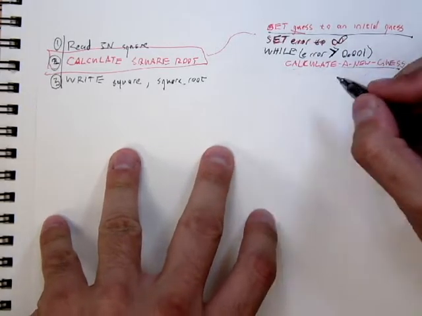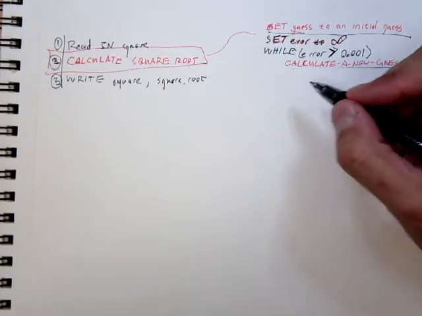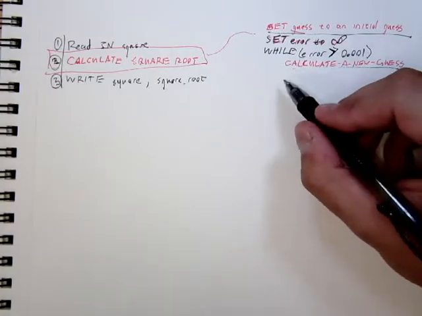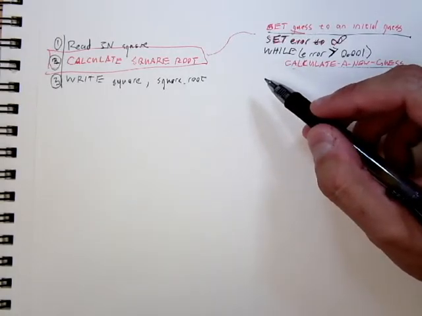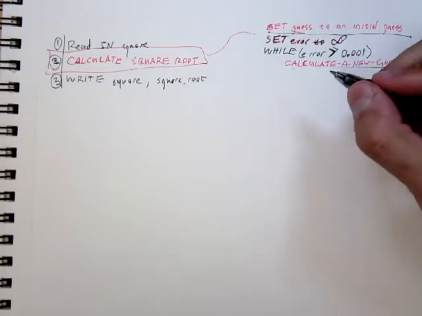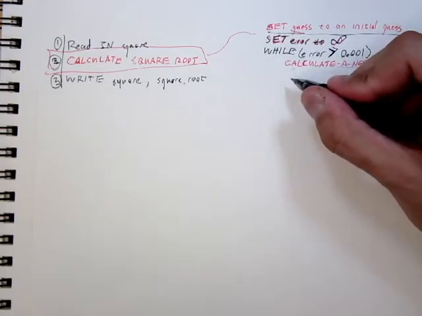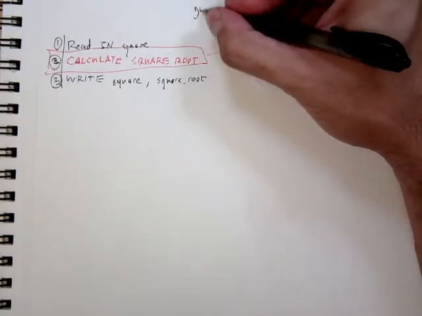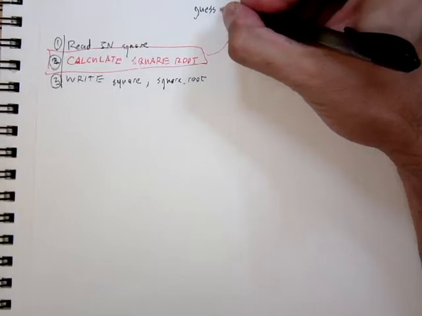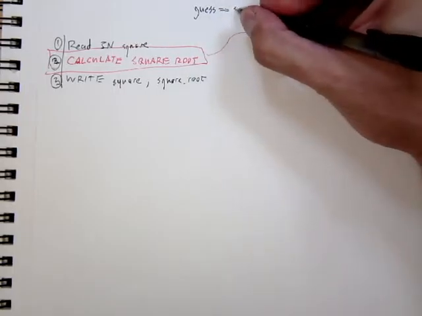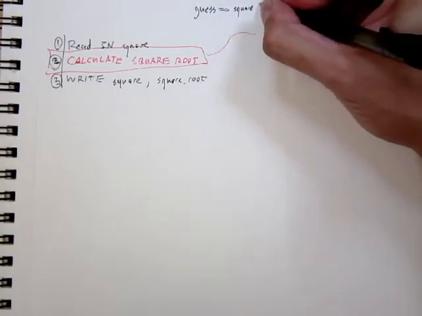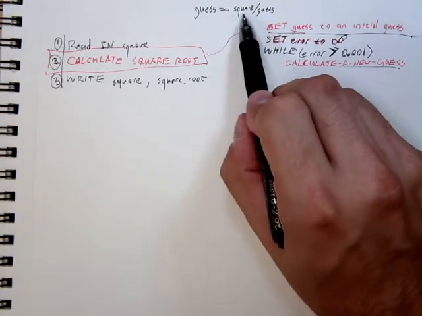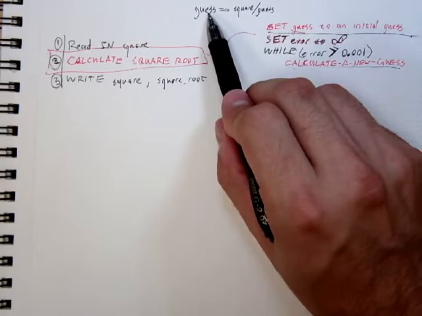There's a couple of ways that we could determine the error, but if we've got the square root calculated correctly, then our guess should be the same as our square divided by our guess. If those two numbers are the same, then guess is the square root.